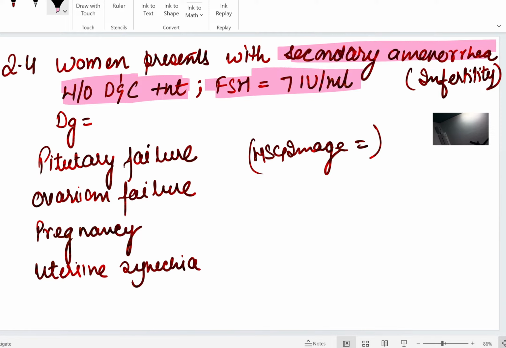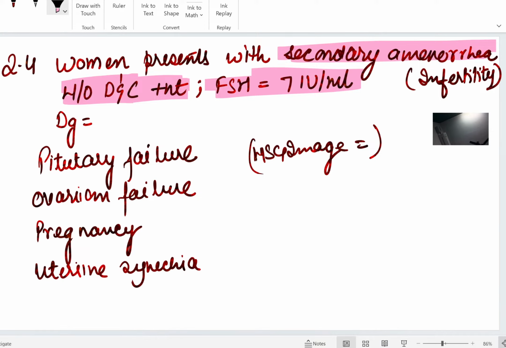The patient is coming with secondary amenorrhea. Yes, the answer is Asherman.